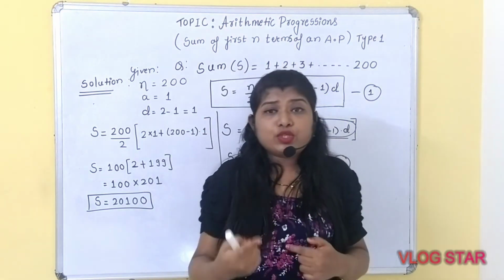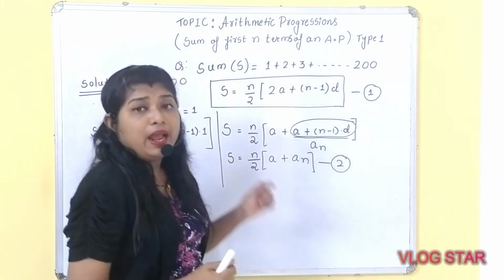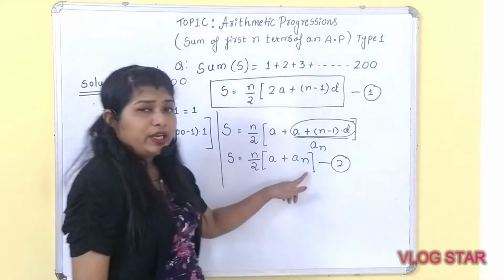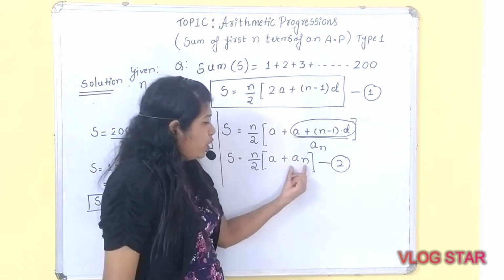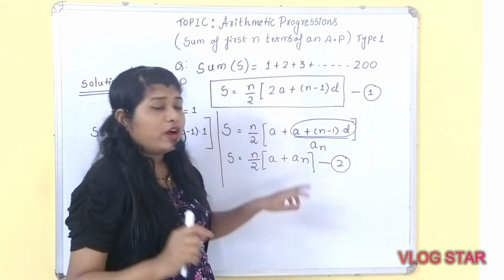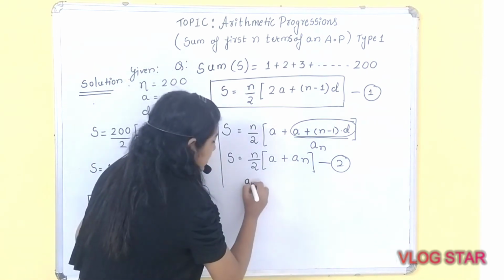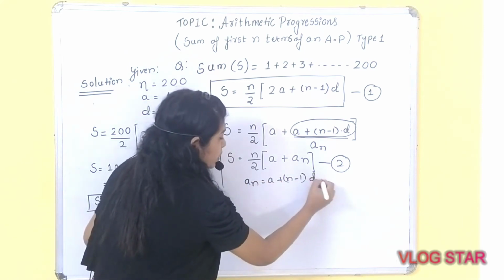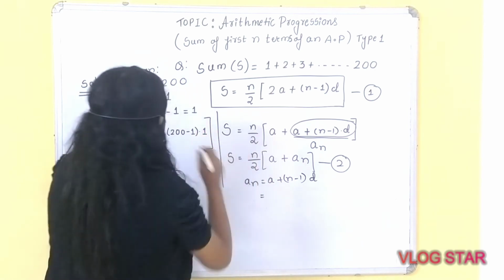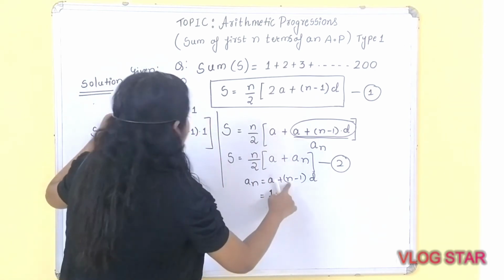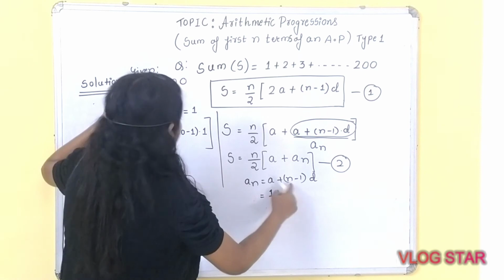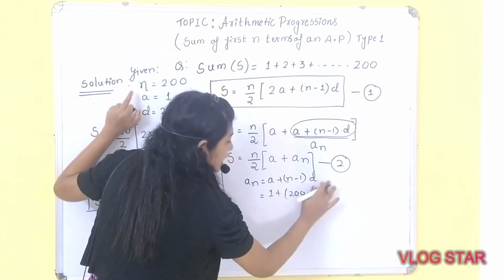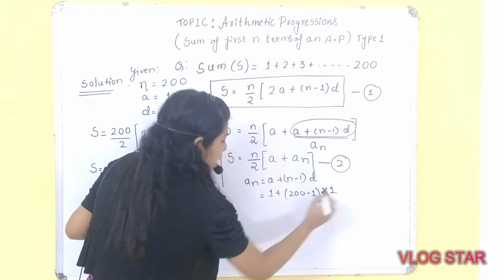How are you going to solve this example by method 2? As I told you, you need to find the value of an. What is the value of an? an is equal to a plus (n minus 1) into d. What is a? a is equal to 1. What is the value of n? n is 200, minus 1, into d. d is 1.